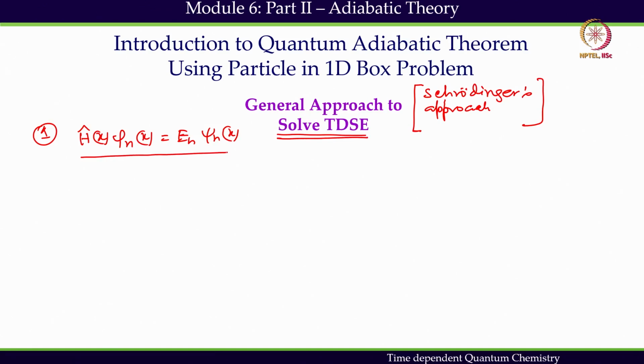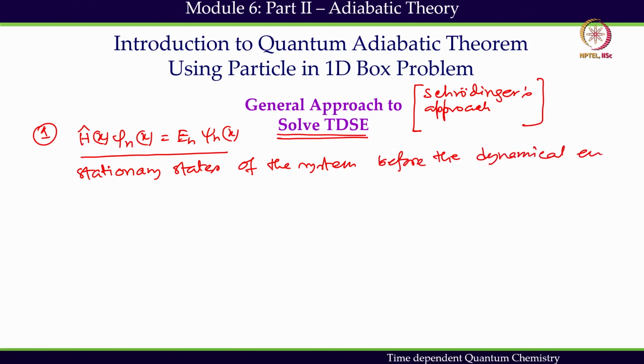By solving this TISE, I get the stationary states of the system before the dynamical event is initiated, which means at t equals 0.